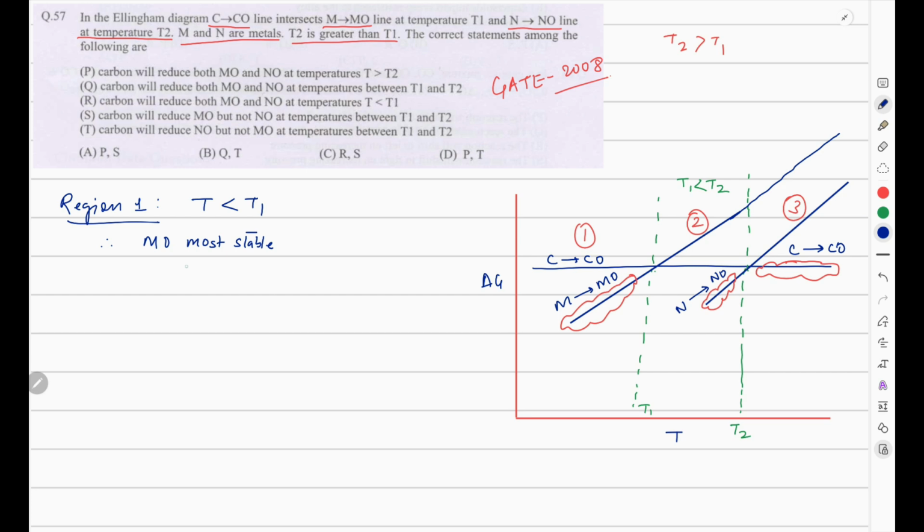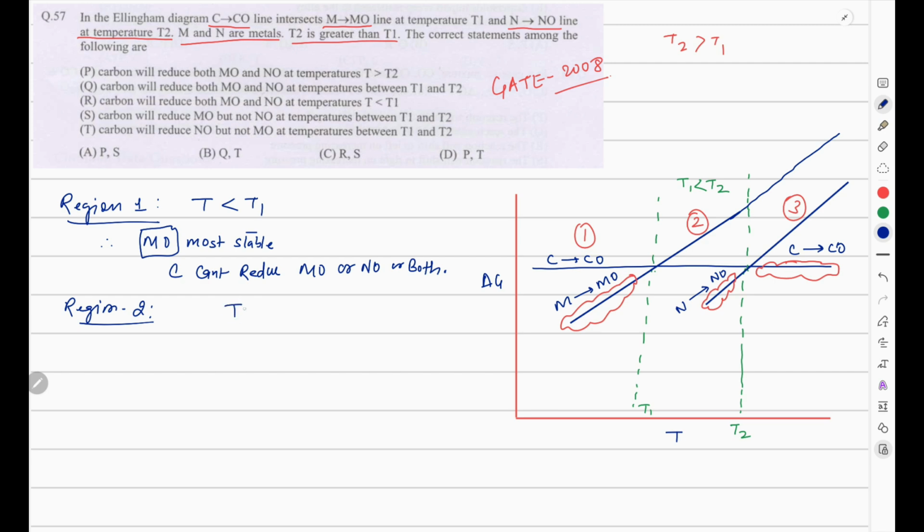In case of region 1, temperature less than T1, carbon does not have the ability to form carbon monoxide because the metal oxide MO is more stable, not carbon monoxide. So carbon cannot reduce MO or NO or both.